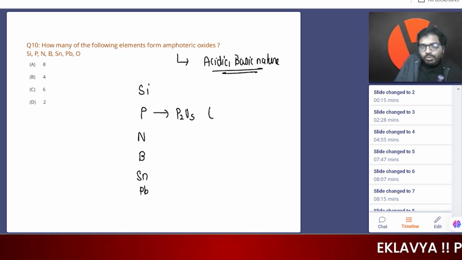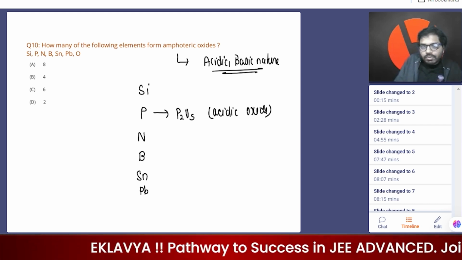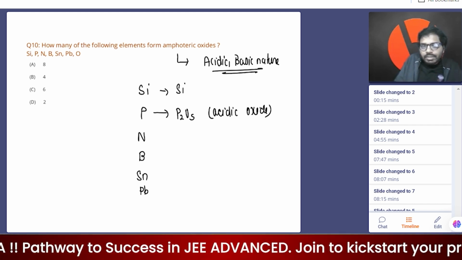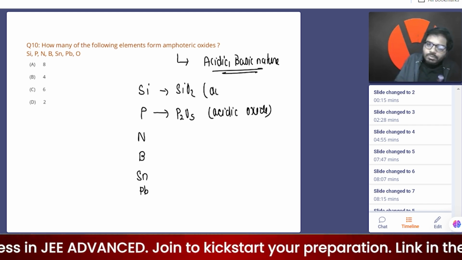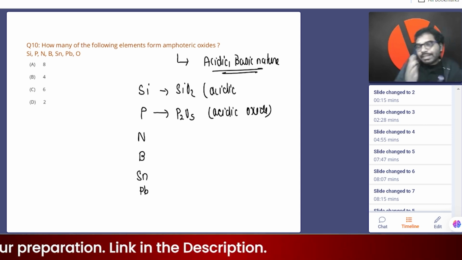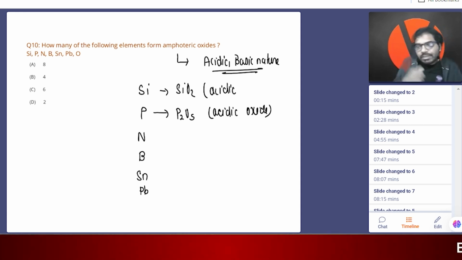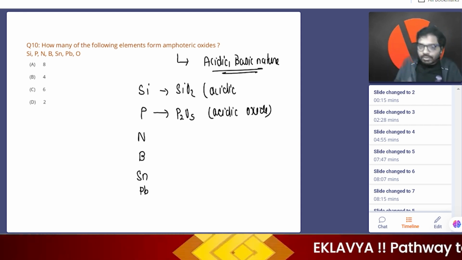Phosphorus is actually P2O5, it forms an acidic oxide. The same we can say for silicon, silicon also forms an acidic oxide. In general, we can say especially first and second group elements form basic oxides, while the extreme right side forms acidic oxides.